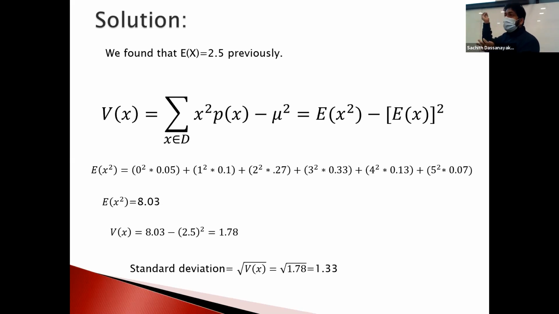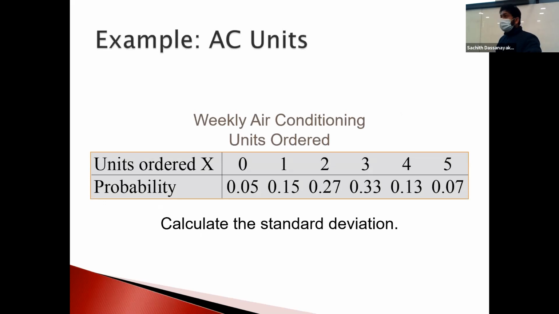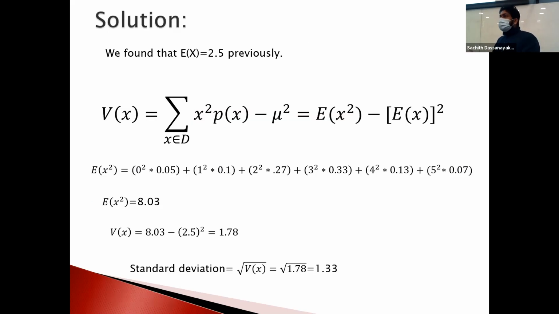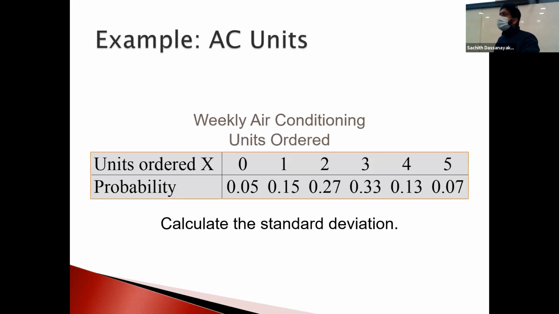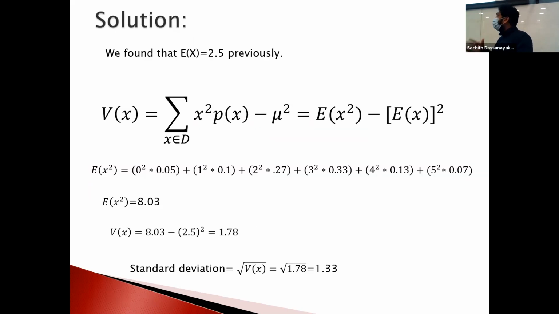So x1 is 0 squared times its probability, which is 0.05. See, the first one's probability is 0.05. Plus the next one, x2, which is 1, squared, times p(x2), the probability of x2, which is 0.15. It's not 1, it's a typo here. 1 squared times 0.15, it should be the second one.